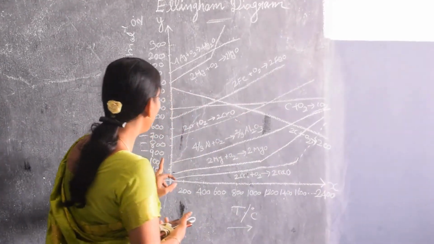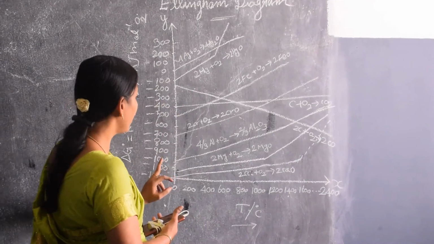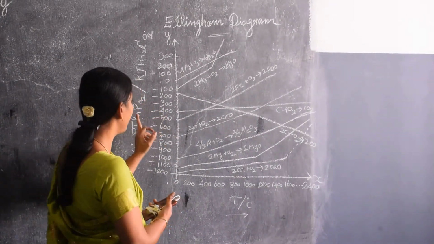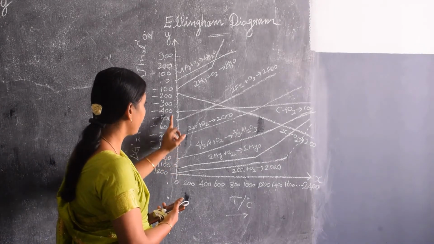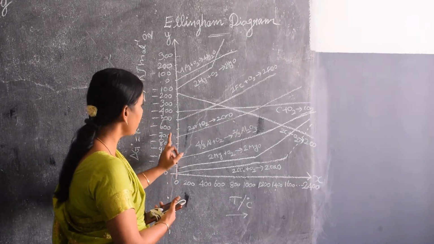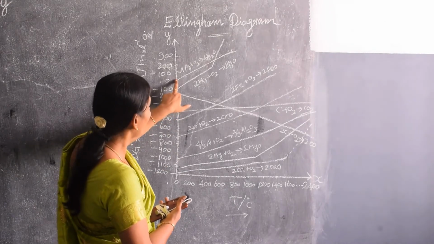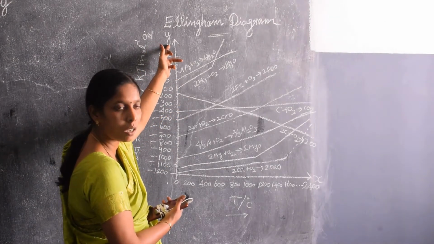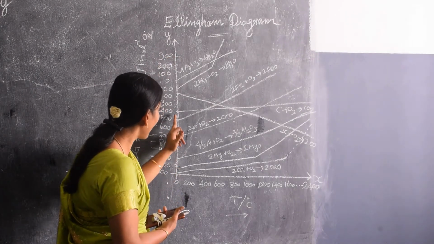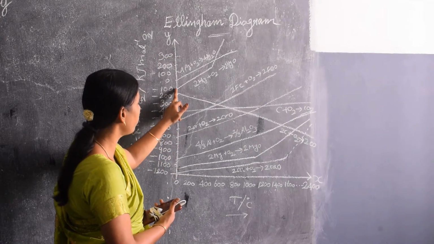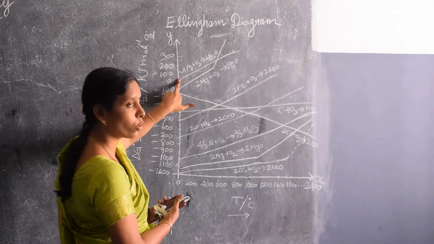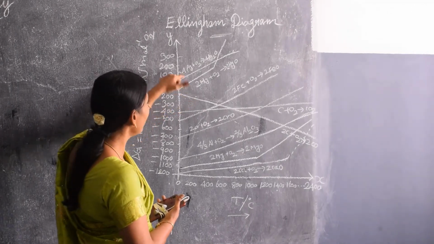And then next one, the delta G value. It is the change of free energy. Delta G value increases. It will become less negative, and at a particular temperature it becomes 0, and then goes to a positive value.